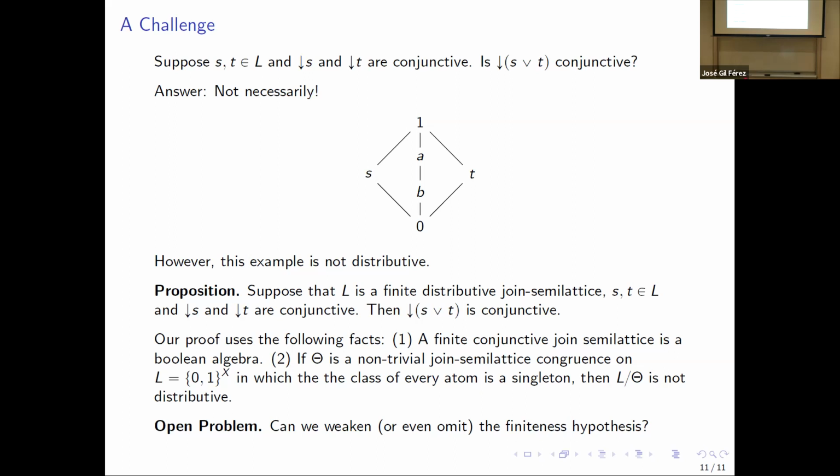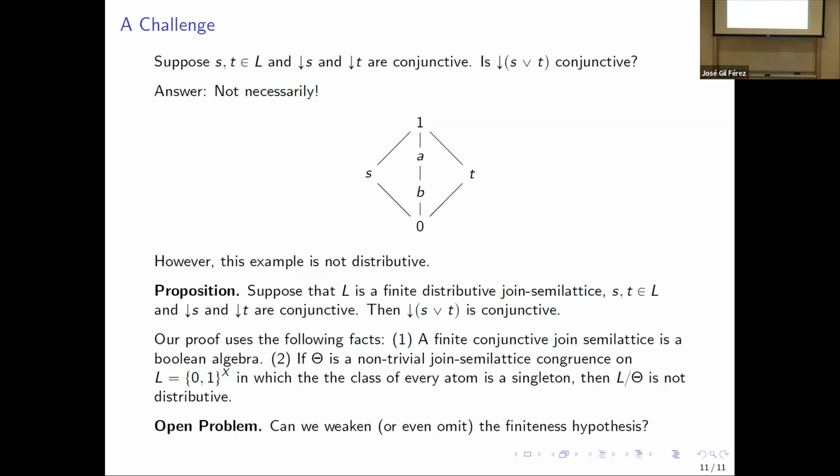It looks very basic, but this is the question. Suppose that I've got a join semilattice that has two elements, S and T. Suppose that the downset of S is a join semilattice with a top element, and so is the downset of T. If both of those are conjunctive, does it follow that the downset of S join T is conjunctive? And the answer is no, not necessarily. There's an easy example, but it's not distributive.